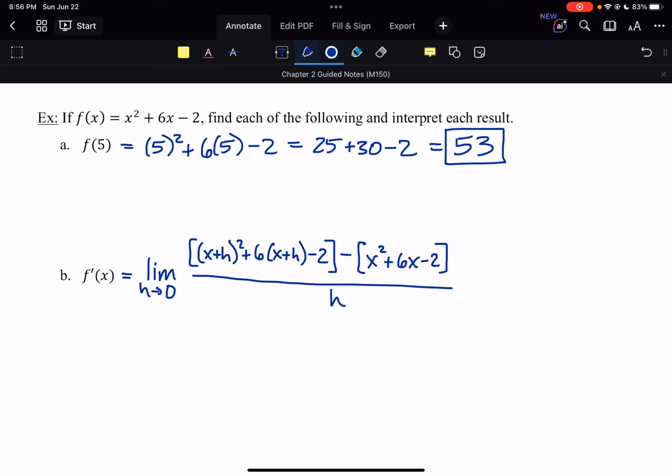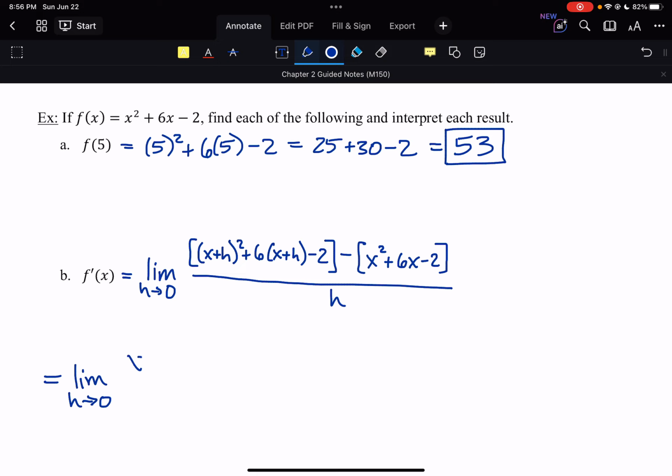Be very careful and deliberate with your inclusion of parentheses here, because everything needs to get distributed properly in order for this to work. So with this first set, this is x plus h quantity squared. So it's not just like x squared plus h. This is x plus h times the quantity x plus h again.